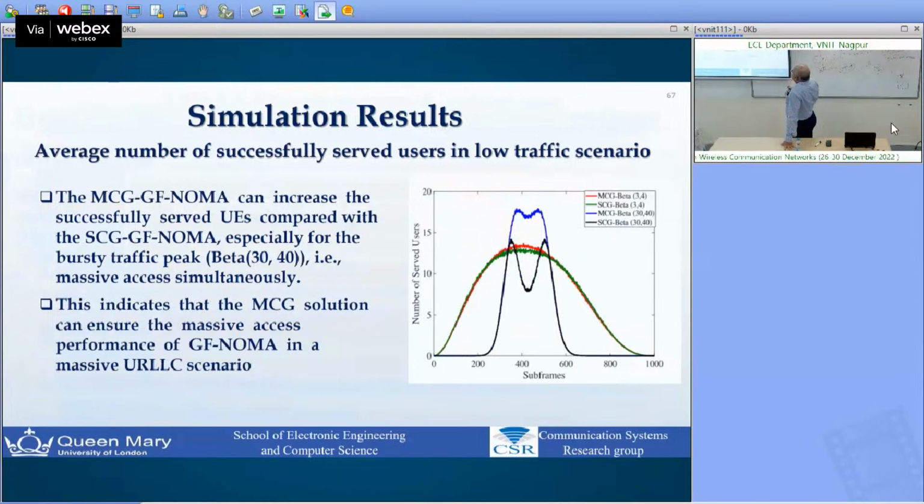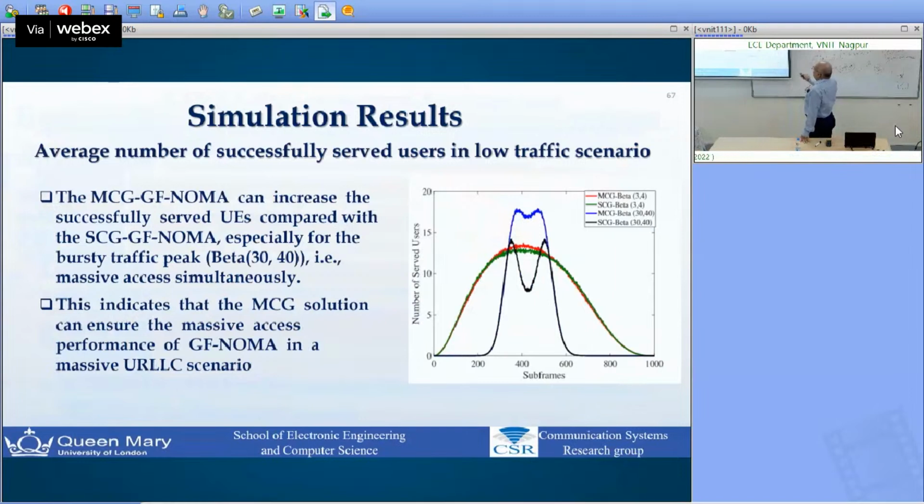When we take single configuration grant, here the black one, it completely failed for this beta distribution, where the number of successfully served devices during the bursty period is low. But for red and green, the multiple configuration grant and single configuration grant for beta distribution 3 and 4 show the same performance, because parameters 3, 4 are not too bursty.